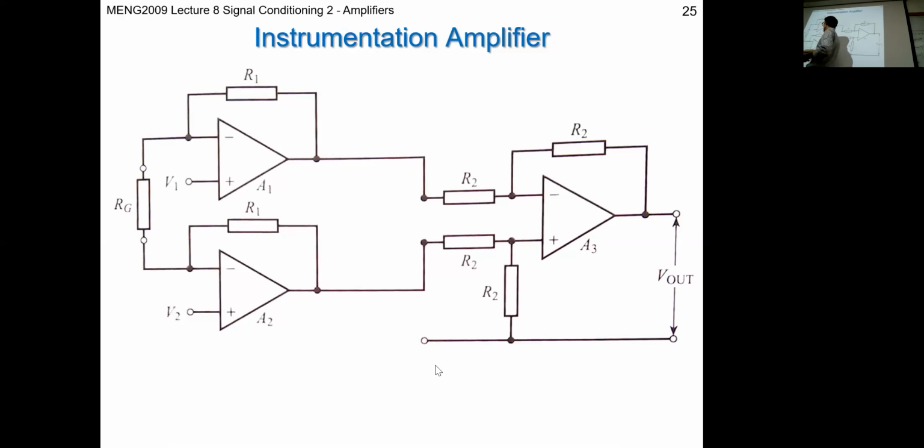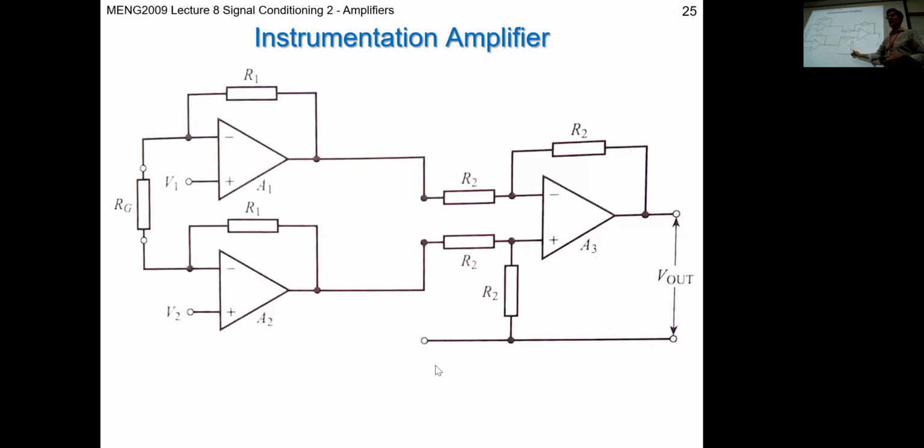Again, if you're into that kind of thing, it's a nice problem to work through to derive the overall equations. You notice on the output amplifier, the resistors are R2, R2, R2, R2, right? So what's the overall gain of this part here?